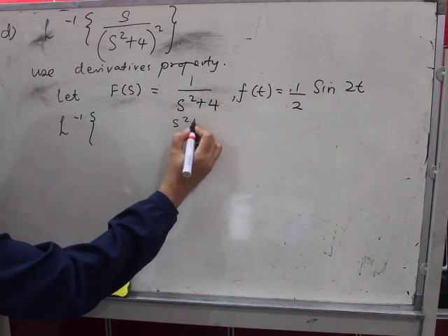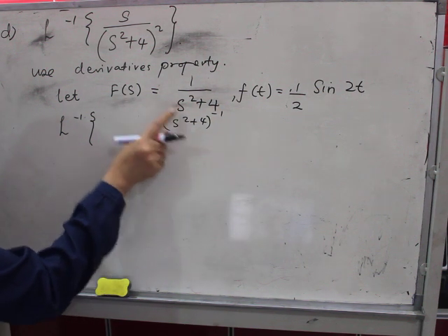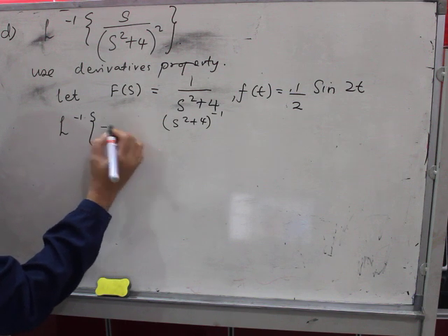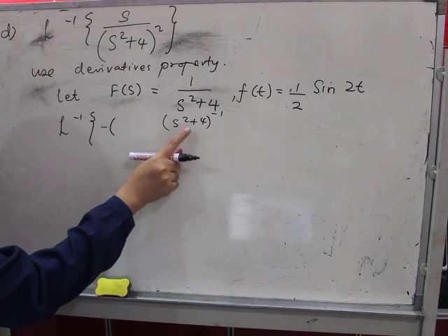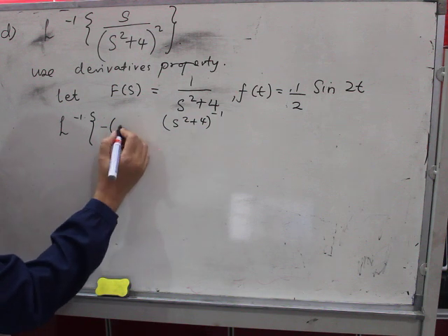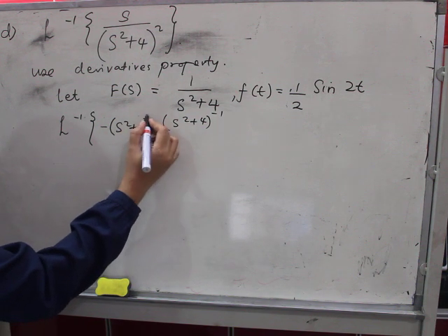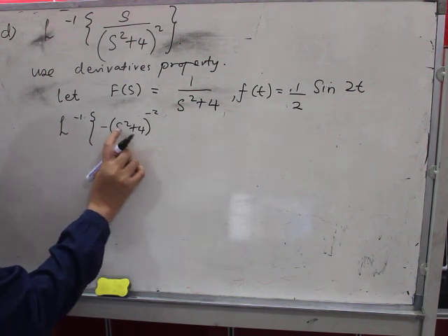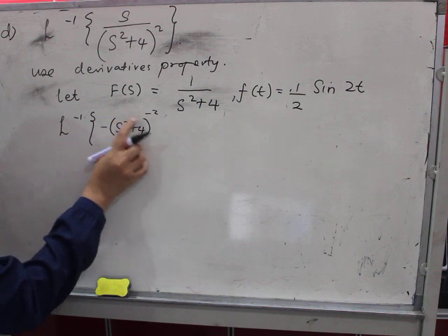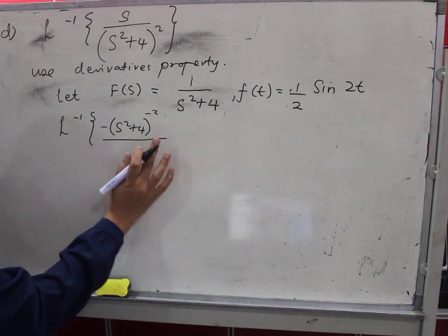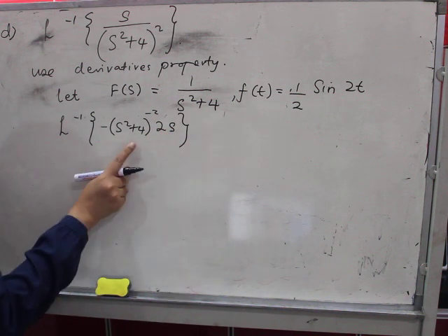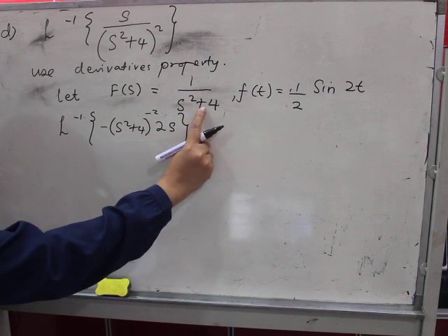If you bring the denominator up, you can use a composite function to differentiate, so it becomes negative. It's easier to use this. So when you differentiate, negative 1 bring down, s square plus 4 to the power negative 2, and then you have to differentiate again the function inside. Sorry, 2s put here. This is the result of differentiation of this.